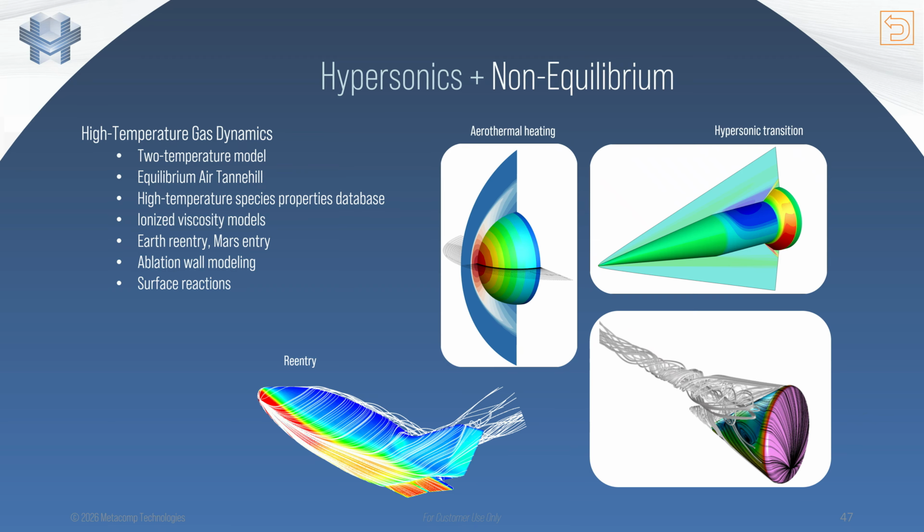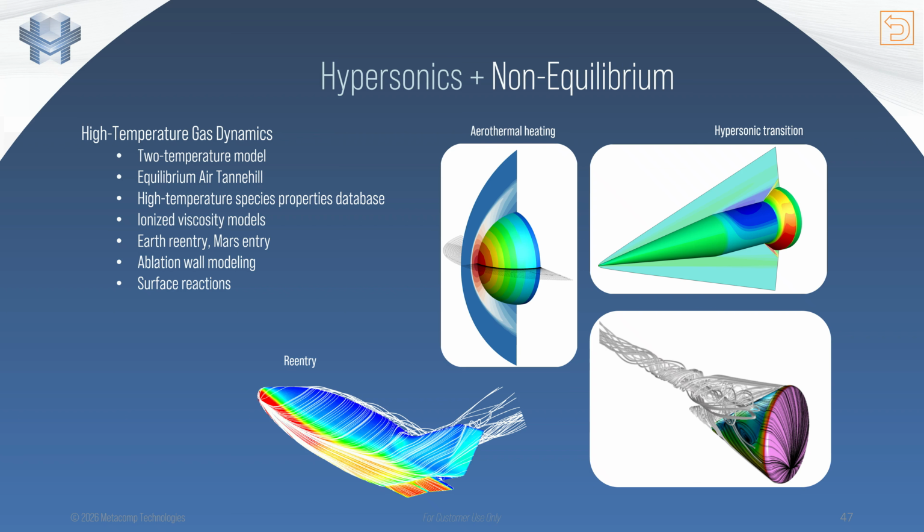Alternatively, Tannehill curve fits provide an efficient method for computing equilibrium air at high temperatures. CFD++ includes a comprehensive high-temperature species properties database, covering species relevant to Earth reentry, Mars entry, and ablation processes.